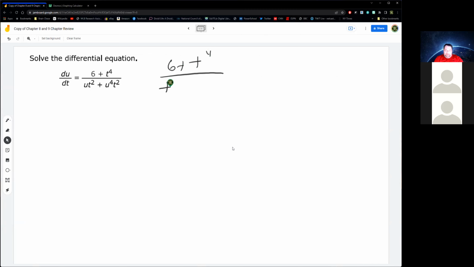On the bottom, I'm going to pull out a t squared, so I have u plus u to the fourth there. Now I can pull the u's to the other side, so I have (u plus u to the fourth) du equals (6t to the negative second plus t squared) dt.